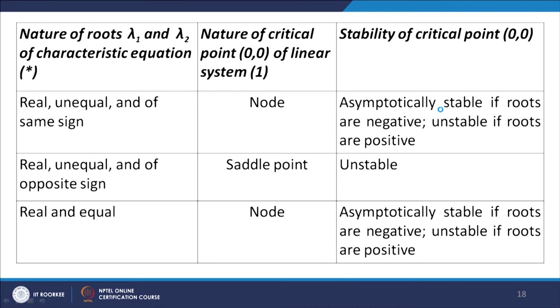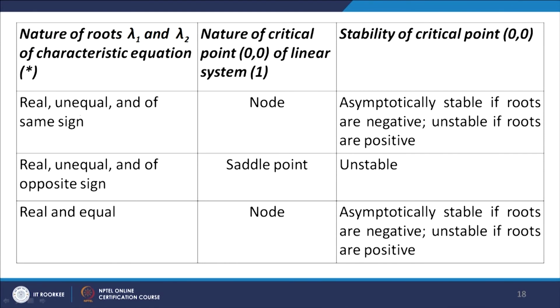Now we have compiled the information that we have so far regarding the eigenvalues lambda 1, lambda 2, the nature of the critical point depending on the eigenvalues, and the stability of the critical point which can be inferred from the nature of the roots lambda 1 and lambda 2. So let us summarize what we have done so far.